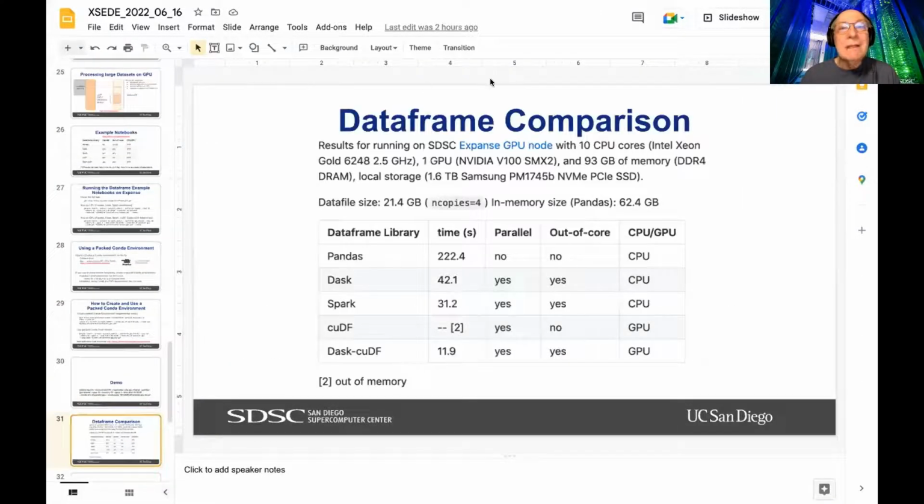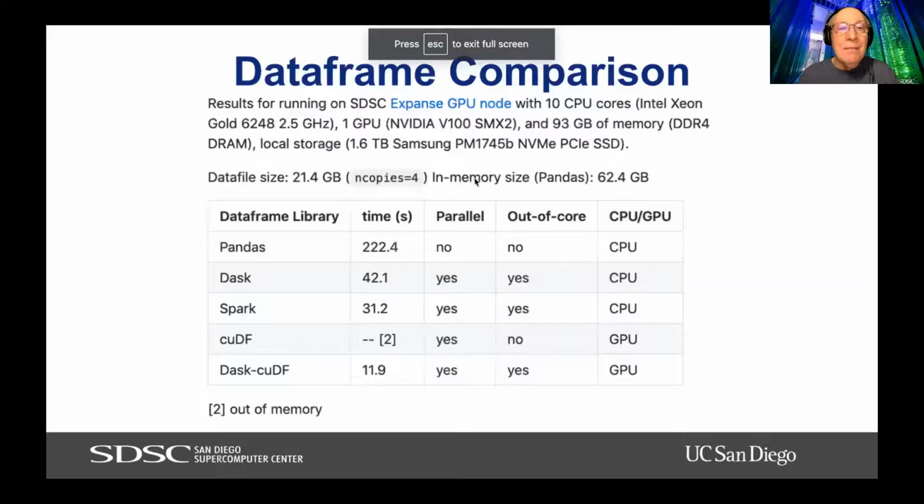Okay, so that example that I showed you was just 5 GB. So what I did, I made 4 copies of that file and created a larger data size, 21 GB. And if you look, this is on disk size, but if you look in Pandas, at the Python objects, it will take up 62 GB. And here's a comparison, with a data set that's 4 times as large.